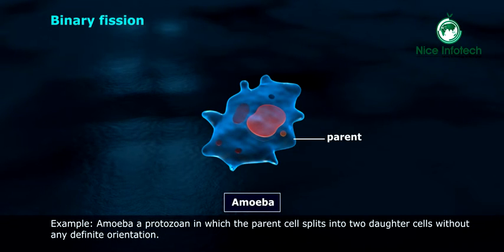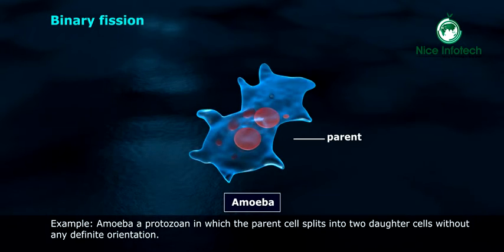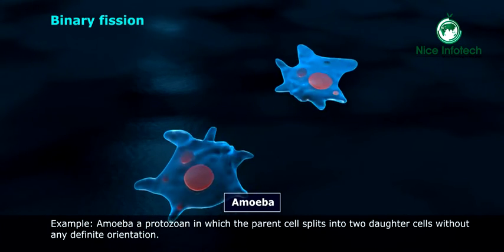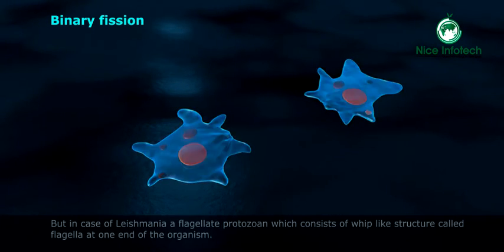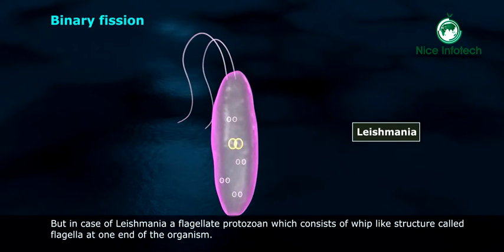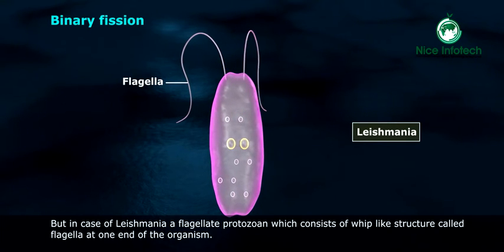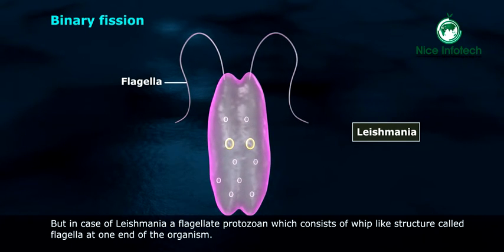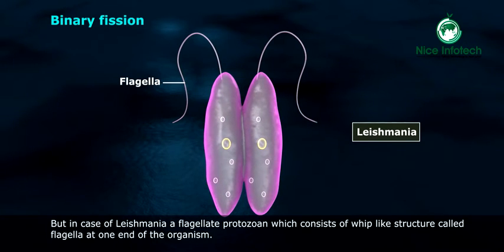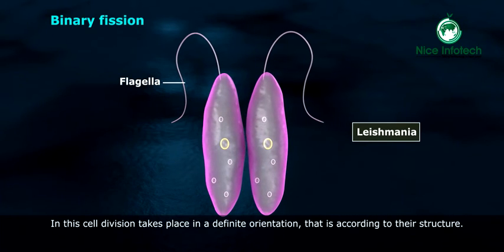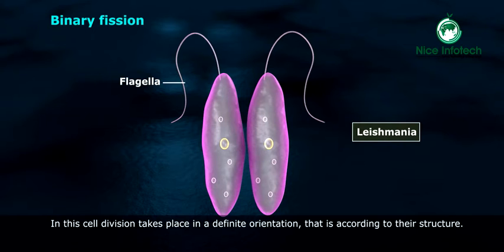Example: amoeba, a protozoan in which the parent cell splits into two daughter cells without any definite orientation. But in case of Leishmania, a flagellate protozoan which consists of a whip-like structure called flagella at one end of the organism, cell division takes place in a definite orientation, that is, according to their structure.